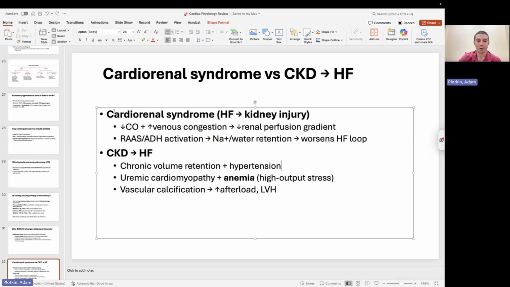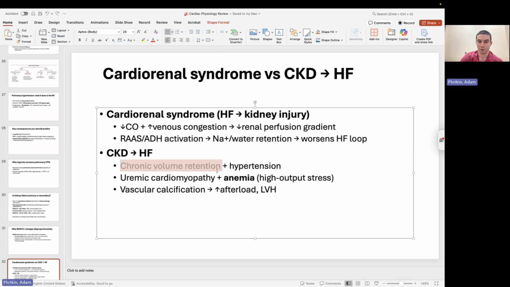Really, what I want you to know about cardiorenal syndrome is that it's not necessarily the low forward flow to the kidney, it's the back flow and the venous congestion that is the big cause here, because that venous congestion decreases the renal perfusion gradient, leading to kidney damage. And vice versa, how could CKD lead to heart failure?